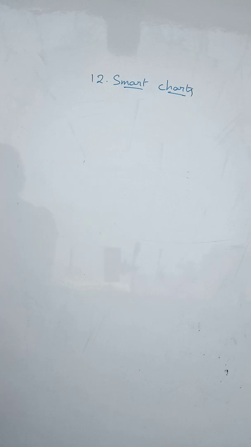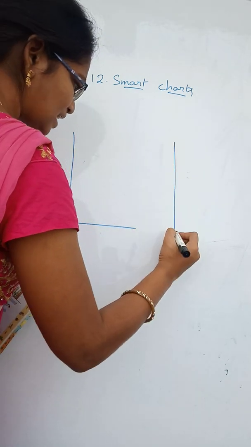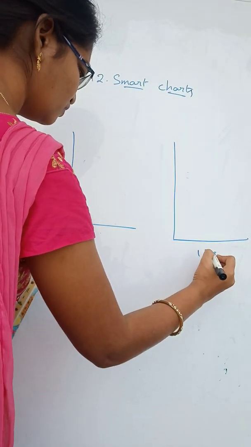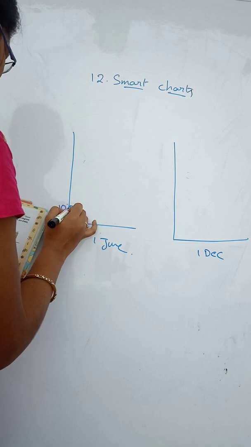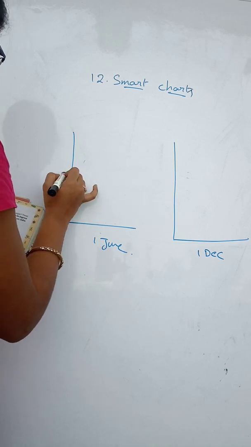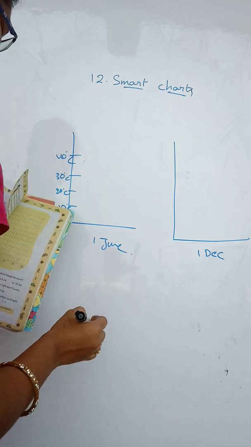Next, hot and cold. They gave 1st June and 1st December. We should write here 10 degrees Celsius, 20 degrees Celsius, 30 degrees Celsius, and 40 degrees Celsius. Like this they gave.